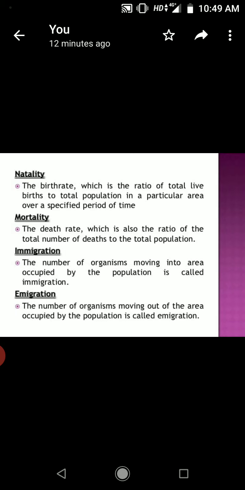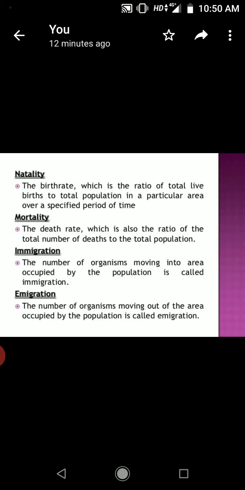The birth rate is the ratio of total live births to total population in a particular area over a specific period of time. We have to take a particular period of time and a particular place. And for mortality also, we take the death rate of a particular place with a particular total population.